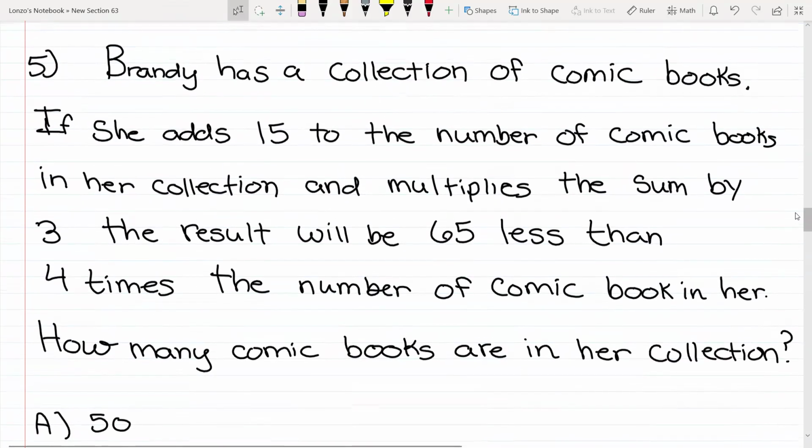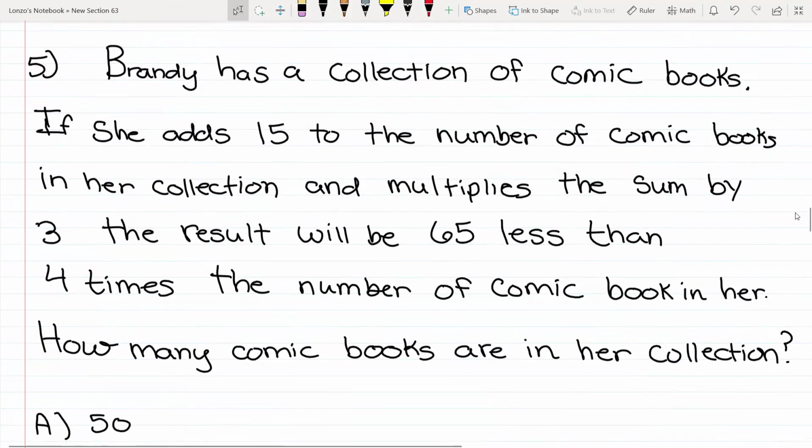Okay, number 5 is a word problem. Brandy has a collection of comic books. If she adds 15 to the number of comic books in her collection and multiplies the sum by 3, the result will be 65 less than 4 times the number of comic books in her collection. How many comic books are in her collection? This is kind of like a system of equations, but we're not going to create two equations.